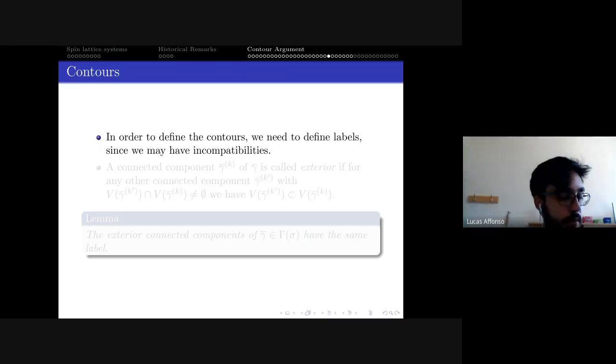As I was saying, since our construction is based on the Pirogov-Sinai contours, in Pirogov-Sinai you not only have the geometric information about the contours, you also need to define labels. Labels are there in order to define a compatibility between the contours.